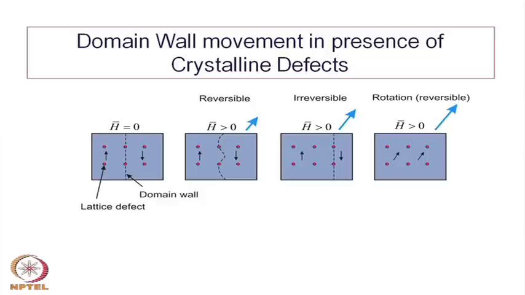So, if we are talking about a very thin hysteresis curve, for some applications where we are looking for a low energy magnetization or demagnetization process, one must have a defect free material, large grain size material, and so on.